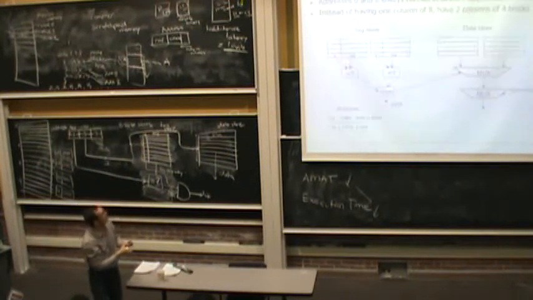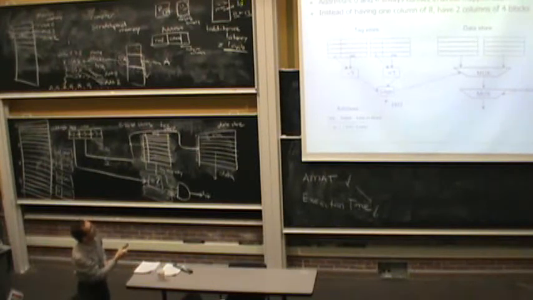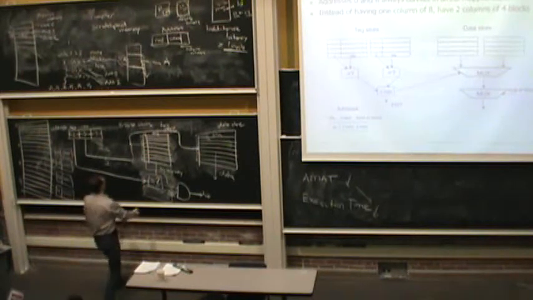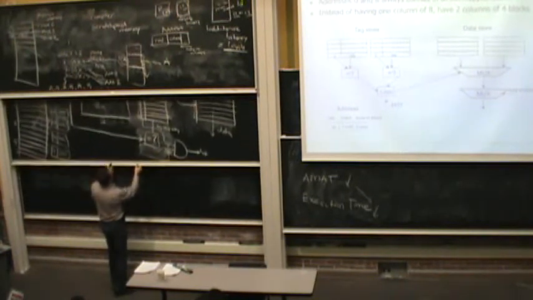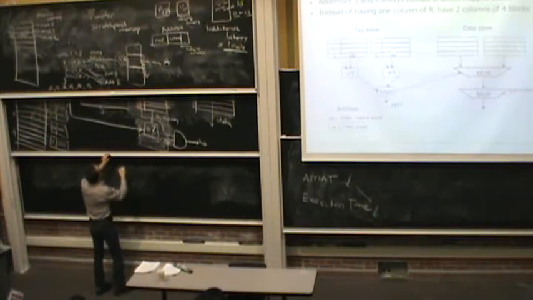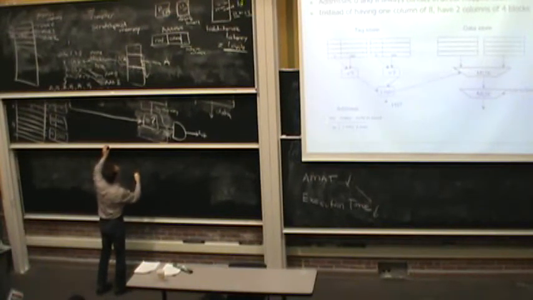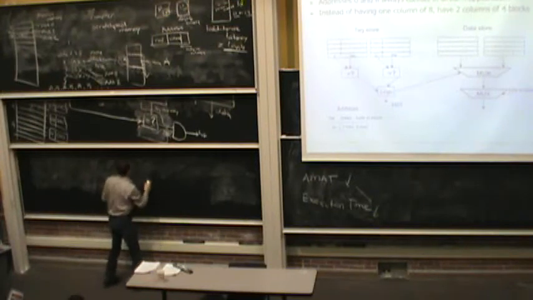But we could organize the cache in a different way. Instead of having one column of 8, we could have 2 columns of 4 blocks. I guess you guys remember that, right?